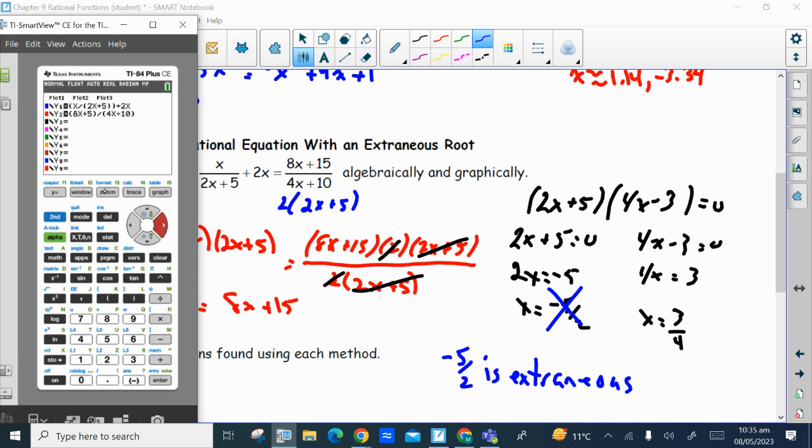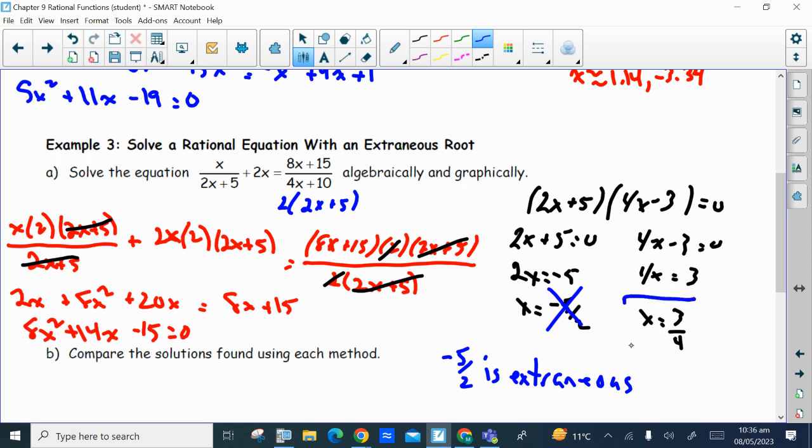I got 8x plus 5. It's not going to change our negative 2.5 not working though, because that was a numerator, not a denominator. So now when I graph second function trace, number 5 for intersect, enter, enter, I put my guess at 1, and there we get our 0.75. So that point does work. The negative 5 halves is extraneous.